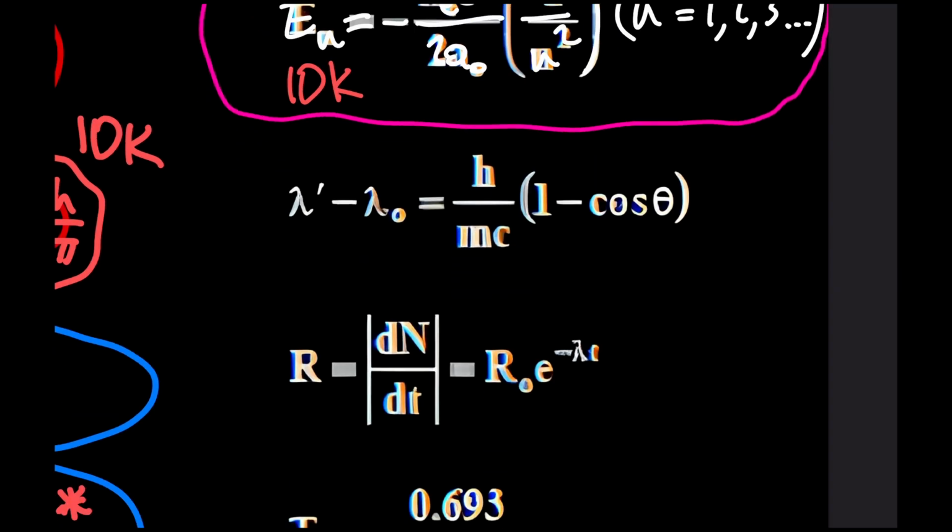We're almost done. Let's finalize with lambda prime minus lambda subscript 0 equals h, Planck's constant, divided by mc. All of this is being multiplied by 1 minus cosine theta.